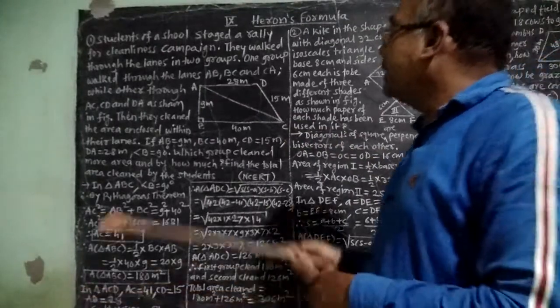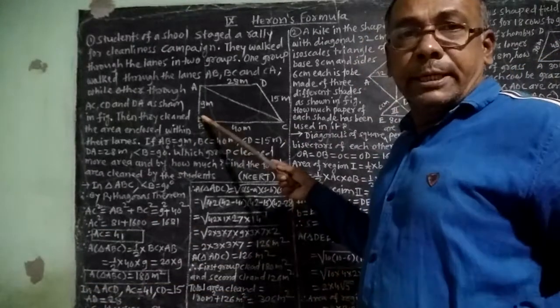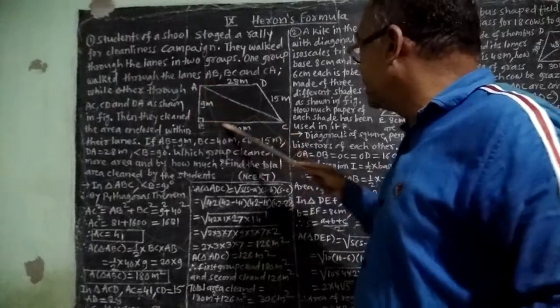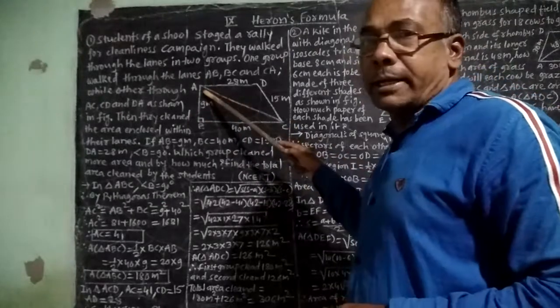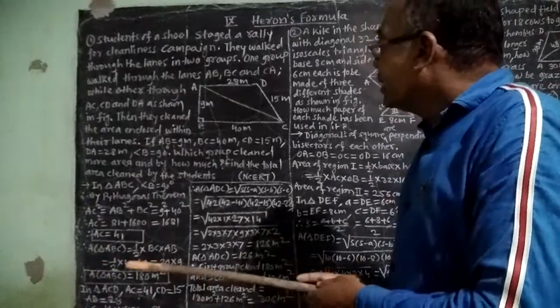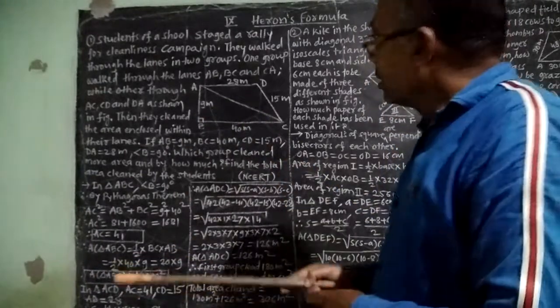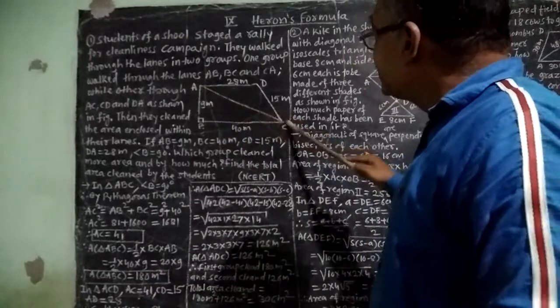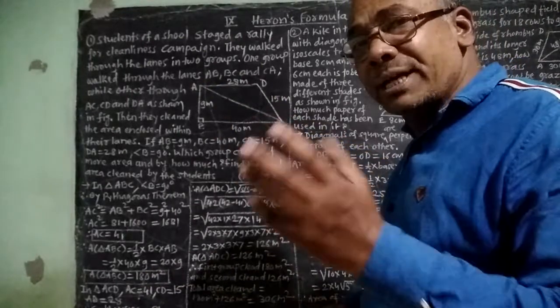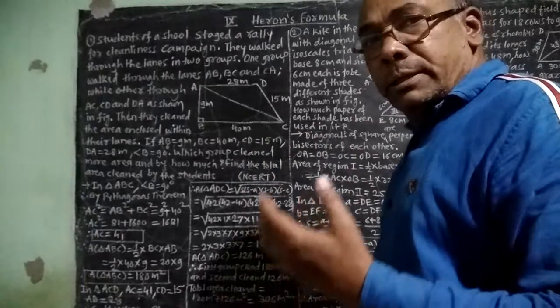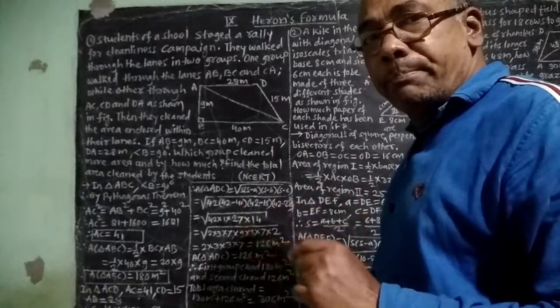Here it is given that angle B is 90 degree and therefore triangle ABC is a right angle triangle. But triangle ACD is not a right angle triangle, so we can't apply the area of the triangle is equal to 1/2 base into height.